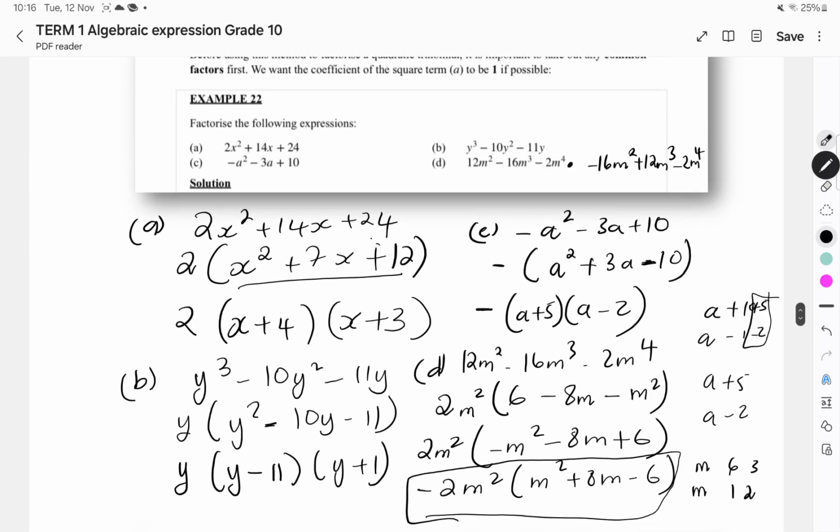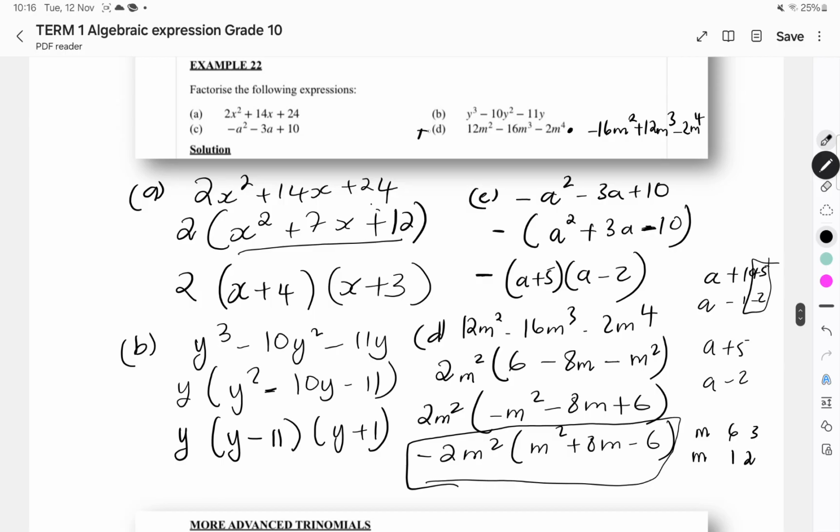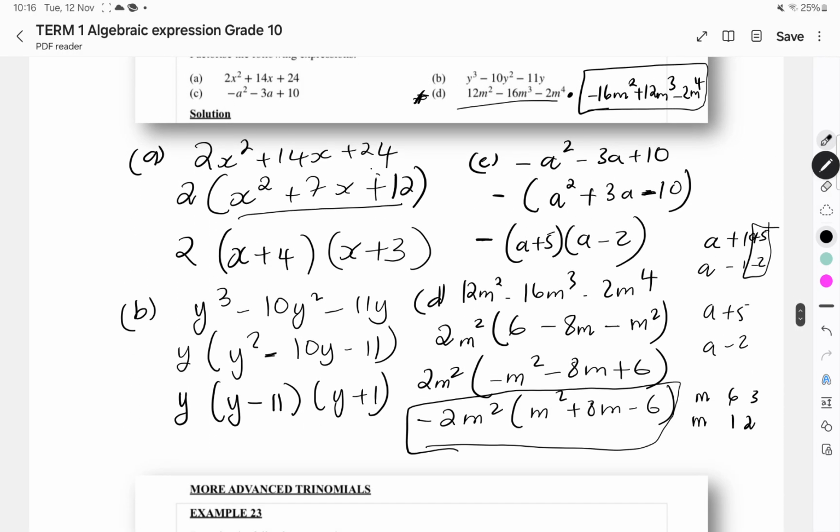This is the question that I'm seeing in the textbook. So it means this was an error. So I'm going to task you to try that one that I wrote on the side, which is 16m squared plus 12m cubed minus 2m to exponent 4. Try to do that one, and then you let me know if you got it or you didn't get it.